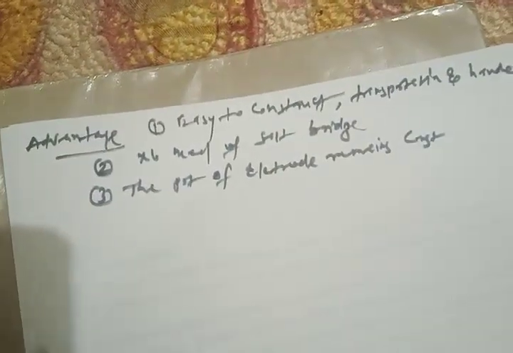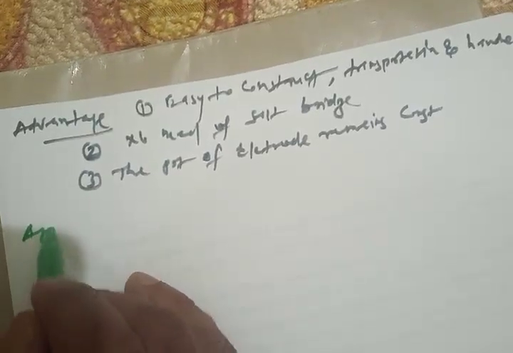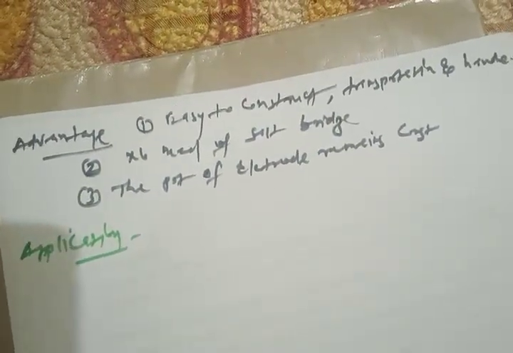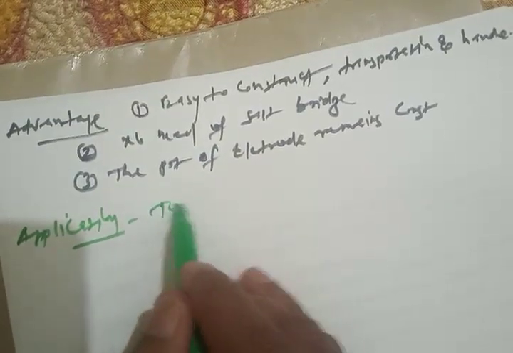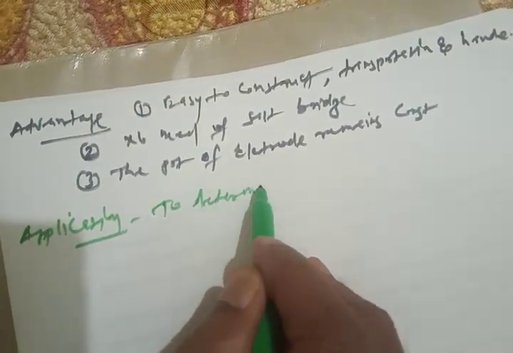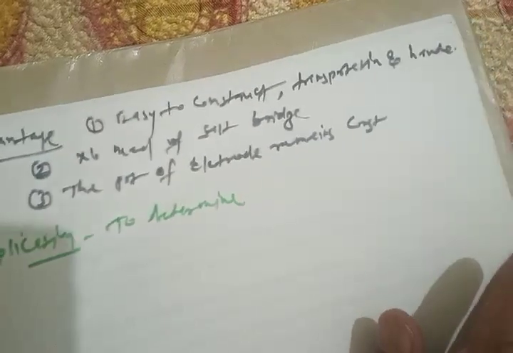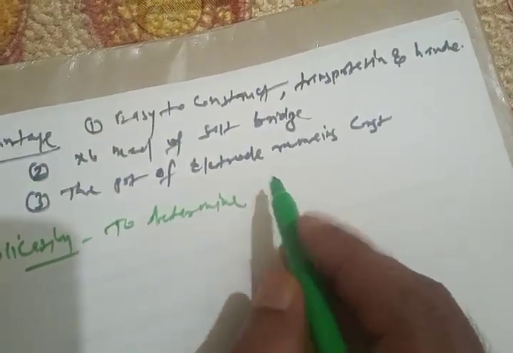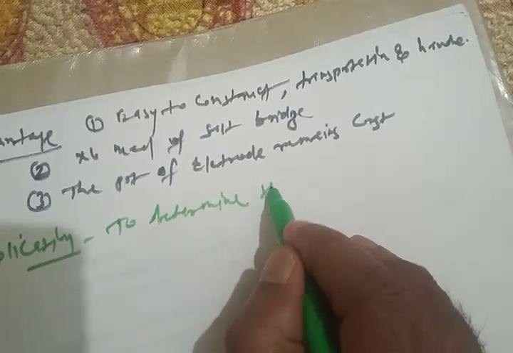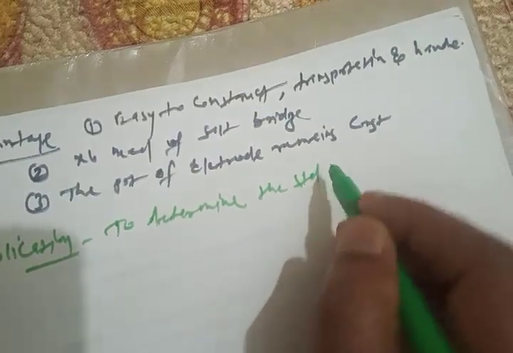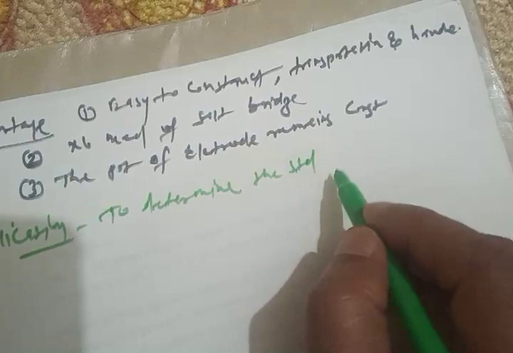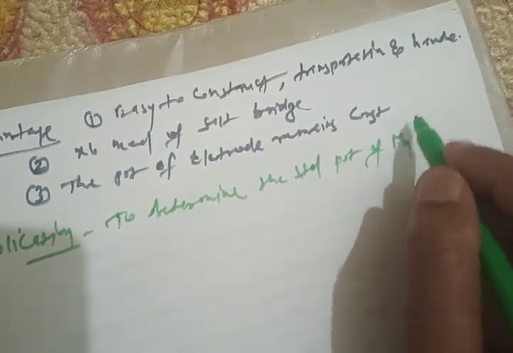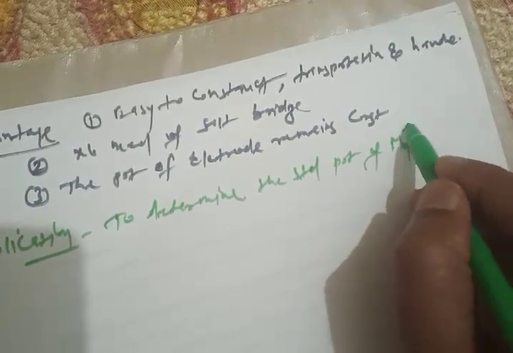Now let's take one of the applications also. Application of the calomel electrode: this is used to determine the standard potential of the manganese, Mn plus 2, electrode.